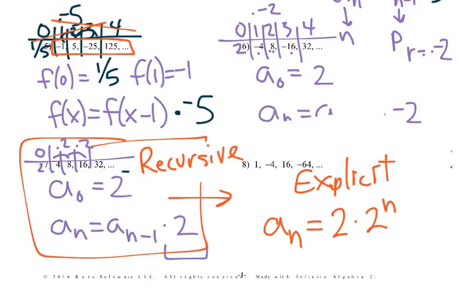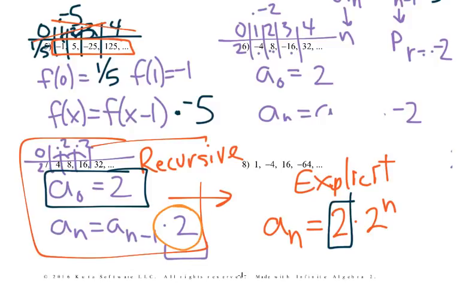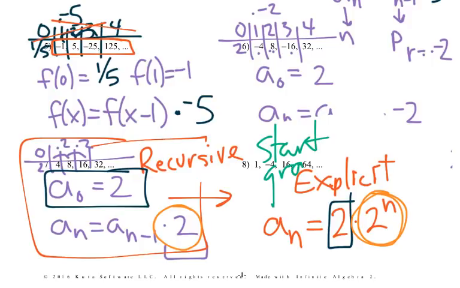But notice, do we have our starting number? Yes. Do we have our growth? Yes. So those two things, the start and how it's growing, okay, they both are in both of those, just in different parts.